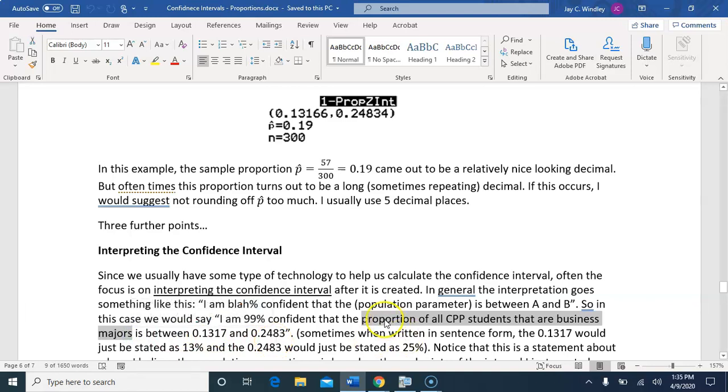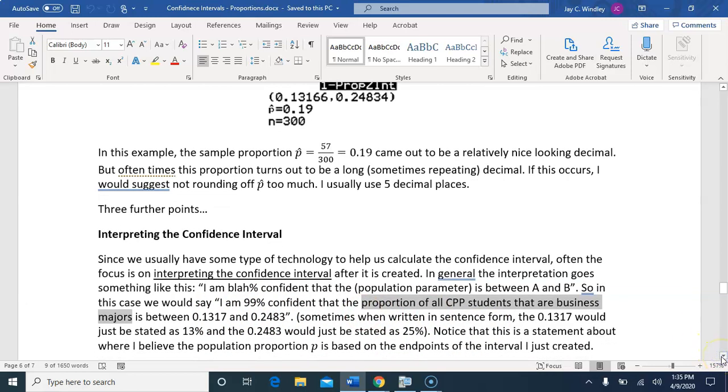So I'm 99% confident that the proportion of all Cal Poly Pomona students that are business majors is between 0.13 and 0.24. Sometimes when it's written out like this in words, you would change those decimal numbers to percentages, 13% and 24%. That's not necessary, but that's sometimes done.